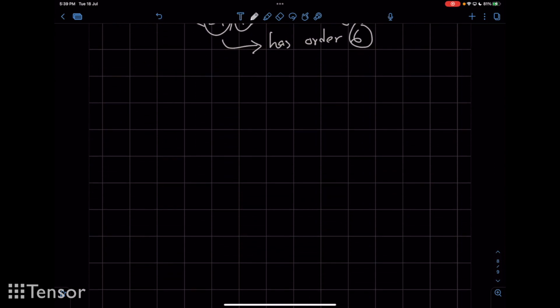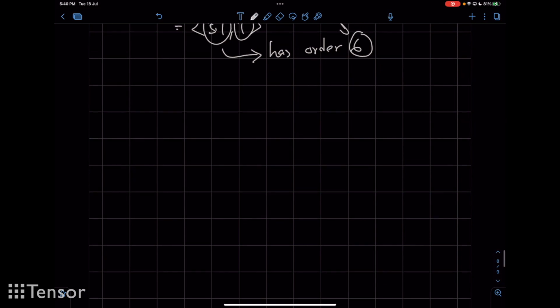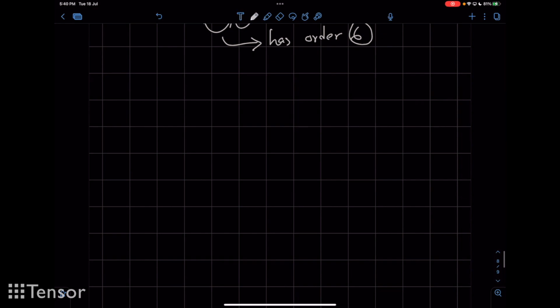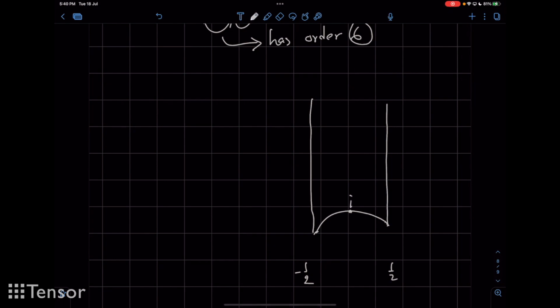Okay, that was an interesting observation. And now we'll prove the valence formula. So let's draw the fundamental domain. This is negative half, this is half, and this is i, this is omega, this is omega plus 1.